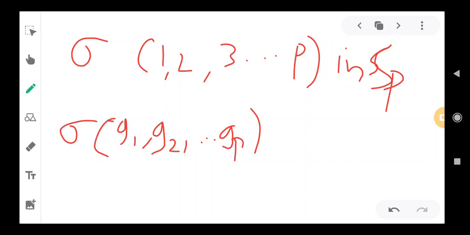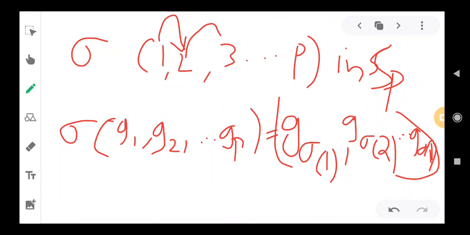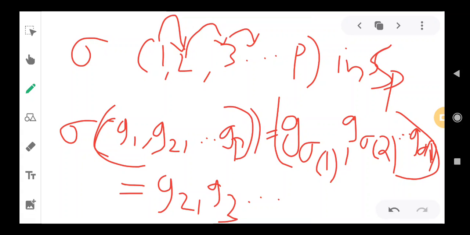So we will get (G sigma of 1, G sigma of 2, etc., G sigma of P). What is sigma of 1? Sigma of 1 is mapped to 2 here, 2 goes to 3, 3 goes to 4, and hence it goes like this. So when we apply sigma to this element of X, we get G2, G3, etc., Gp minus 1, Gp, G1.